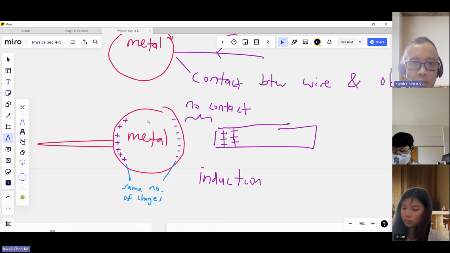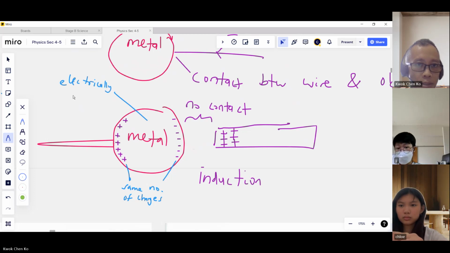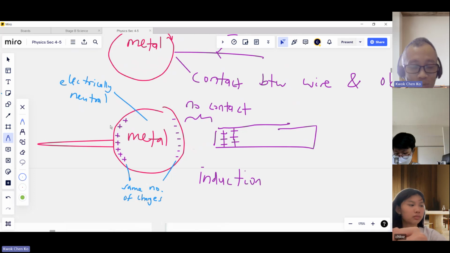The reason is this whole matter is electrically neutral, taken as a whole. So for one side to become negative, the other side must become positive with the same magnitude. So just keep these few points in mind.